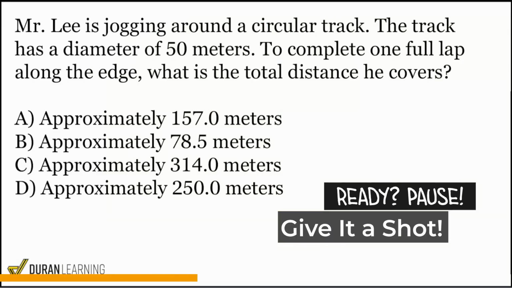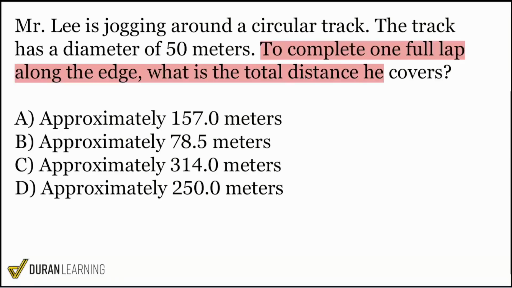For the first question, I want you to read the question here and tell me in the chat box, what is it that we are trying to solve for? Take a few more moments and really give it some good thought.